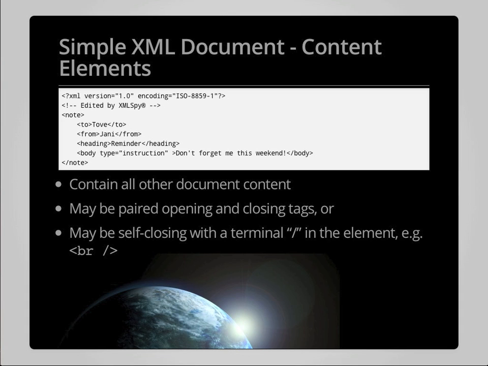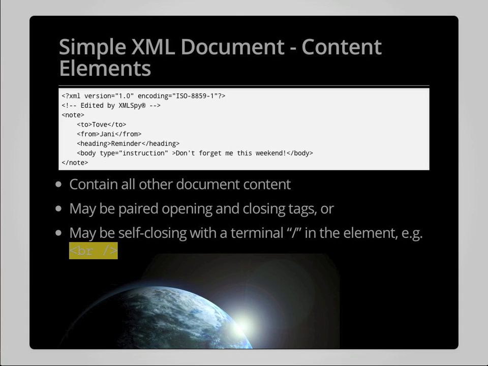Content elements essentially contain all of the other document content. And they may have paired opening and closing tags, as we just saw with the root element, or they may be self-closing, in that they are essentially a single tag that has a terminal slash at the end of the element before the closing bracket, as you can see here with this example of an XHTML break element, where you have an opening bracket, BR, space, slash, closing bracket.